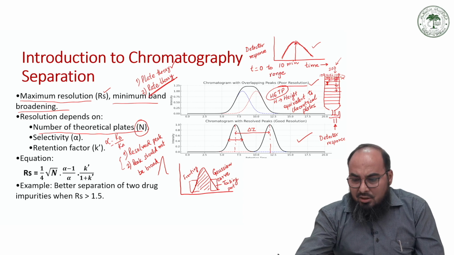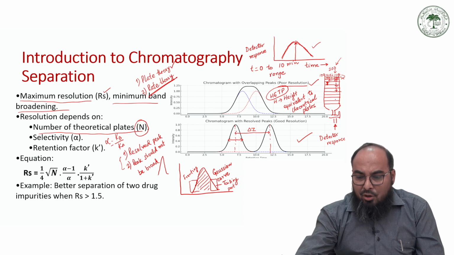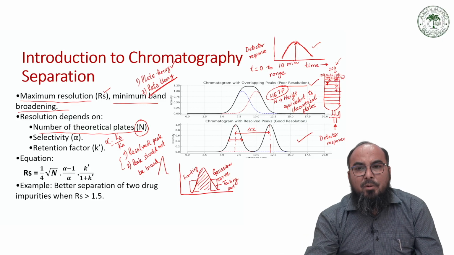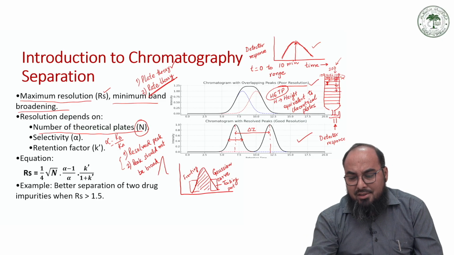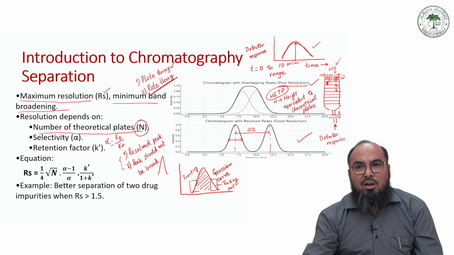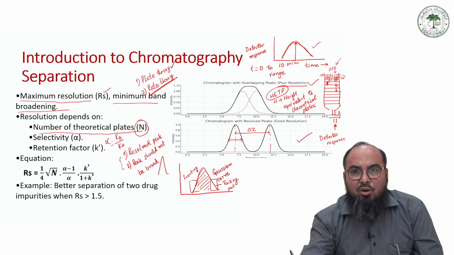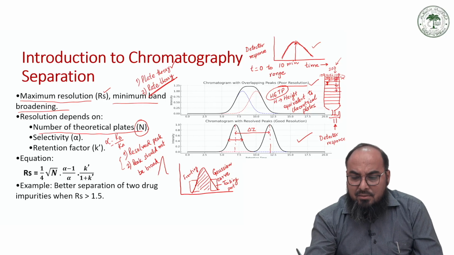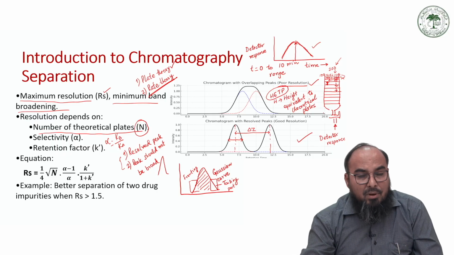So this is how band broadening is defined by the continuous equilibration of your solute molecules as they pass through a column, and this you actually record. This band broadening is better explained by this plate theory.